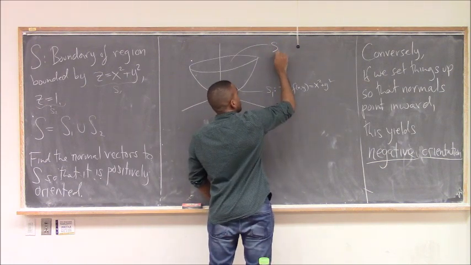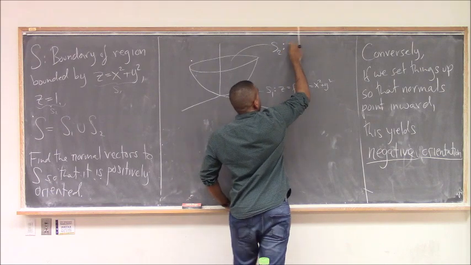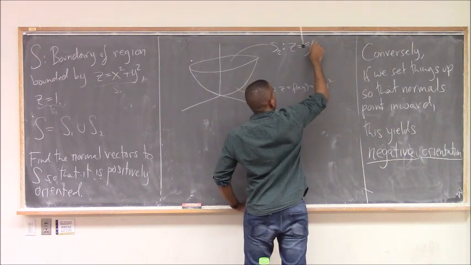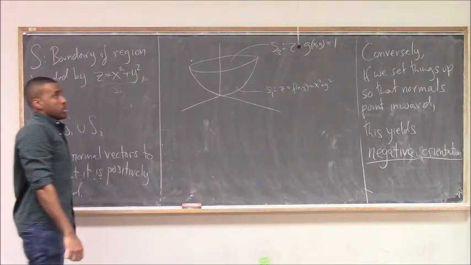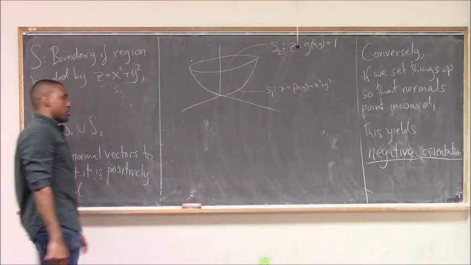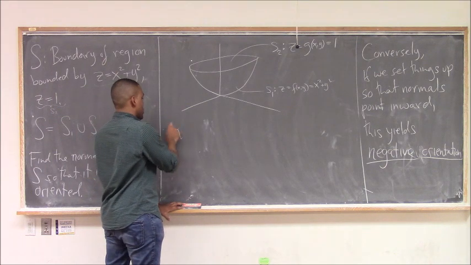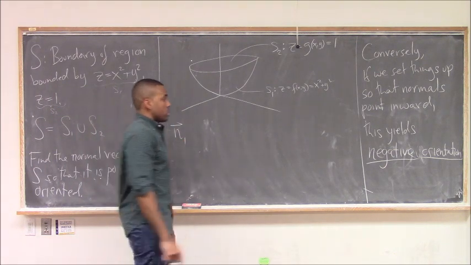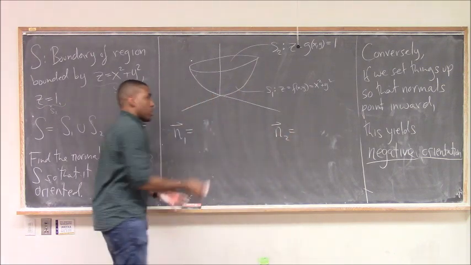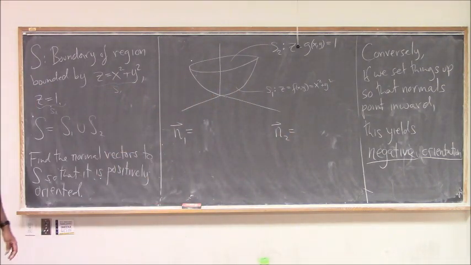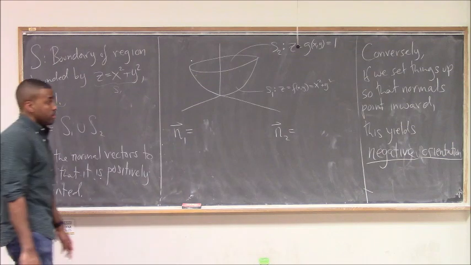This one is surface 2, which is z equals, let's call this one g of xy, which is literally the constant function 1. And so for example, there are two normal vectors here. I can talk about the normal vector with respect to surface 1. I can also talk about the normal vector with respect to surface 2. But both of these together will make up the orientation of the whole surface S.